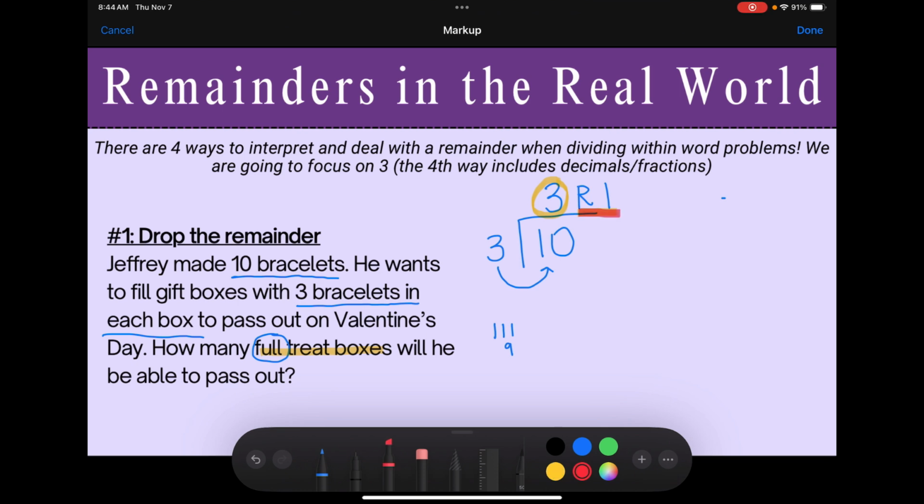This remainder is representing the bracelets that are left over. They won't fit into a full box. So in this case, my only question was how many full treat boxes will he be able to pass out? Nothing to do with any leftover bracelets. So I'm going to drop the remainder, ignore it completely, and answer the question to the fullest. 3 full treat boxes.